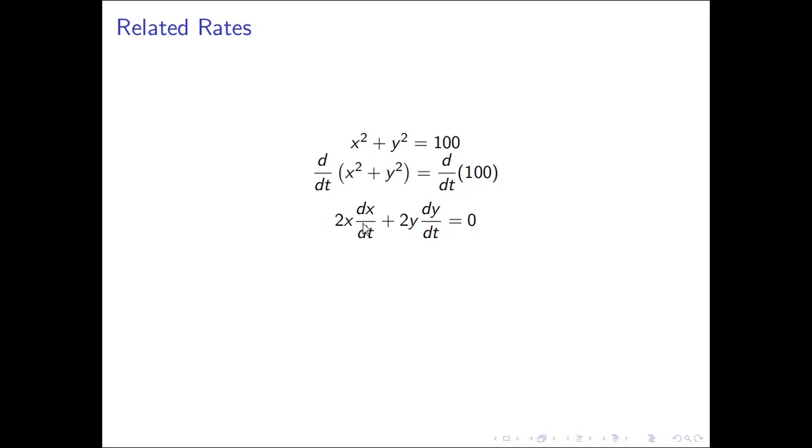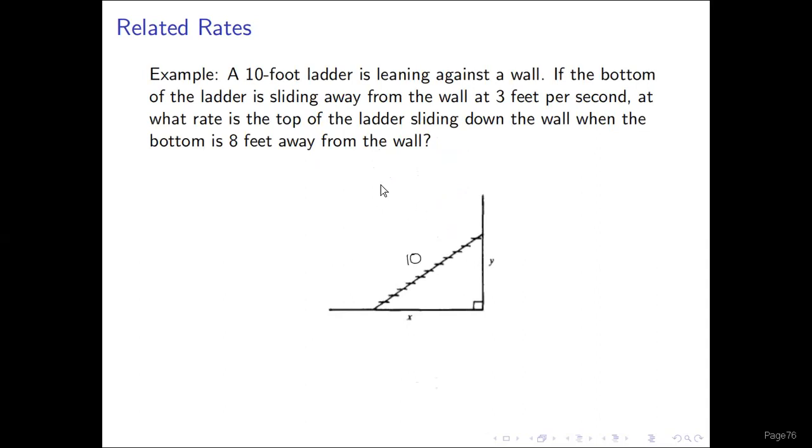If we are looking for one of the rates here, then all we have to do is plug in the values of the other variables. So first, what are we looking for? If we go back a little, we are looking for the rate at which the top of the ladder is sliding down the wall, which is measured by y. In other words, we are looking for the rate of change of y with respect to time.